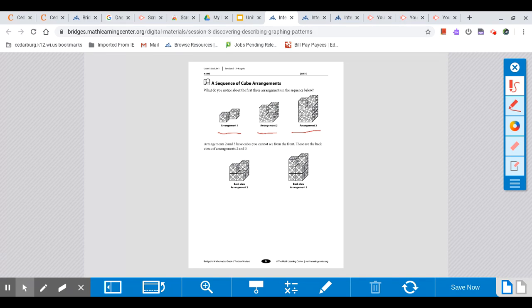What do you notice about those patterns? Now, just so that you get a backside view, here's a backside view of 2, and there's a backside view of 3. What are some of the things that you're noticing? Obviously, you're noticing that they get taller. Each one of our arrangements gets taller, but how much do they get taller by?